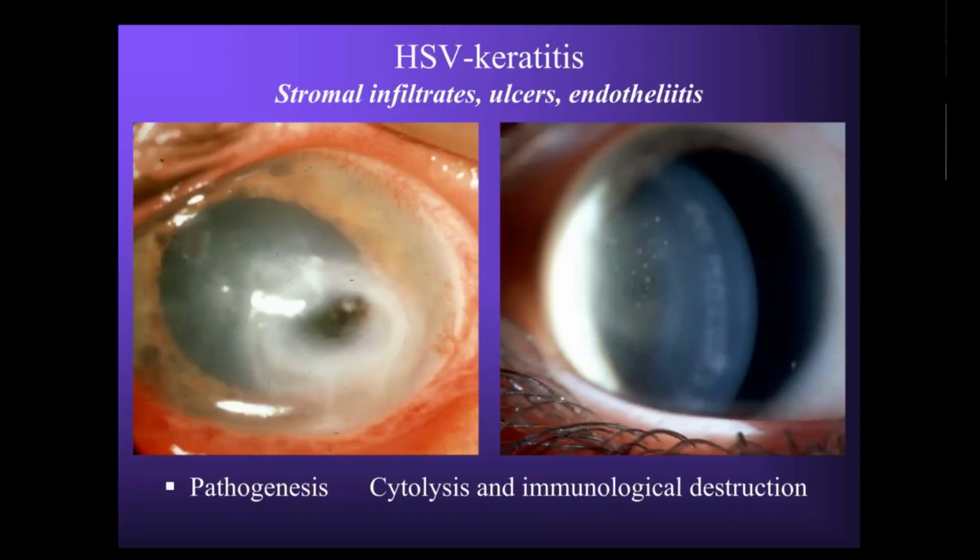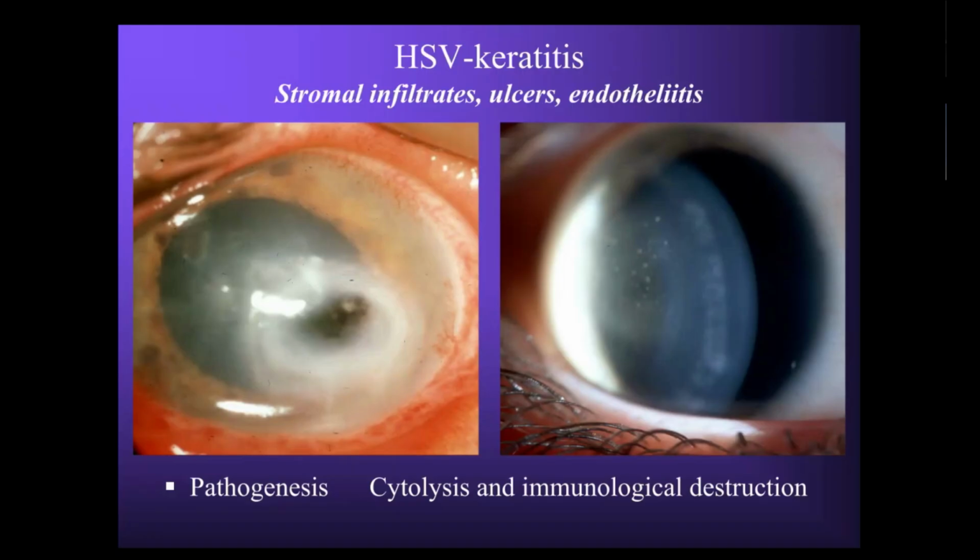In stromal infiltrates, as seen here, ulcers, what we see in the center of the infiltration is the Descemet membrane, and endotheliitis, seen on the right. We have cytolysis, so the keratocytes in the picture left and the endothelium in the picture right are destroyed, and we have an immunological reaction.